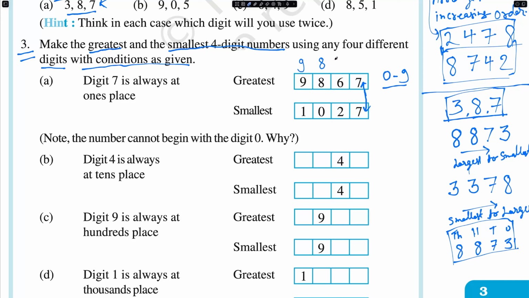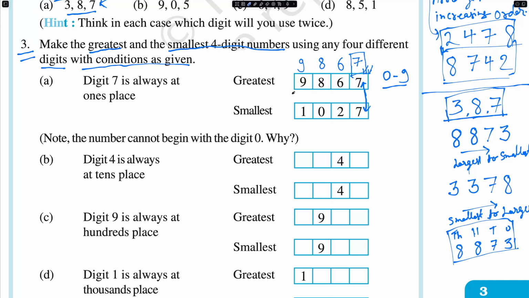Obviously I wish to put 7 here, but since 7 is already placed, I cannot place 7 here. The digit that is biggest after 7 is 6, so I will write 6 here. And then the last one is 7, which is fixed and I cannot change it. That's how, guys, we found the greatest 4-digit number with 7 placed at 1's place.